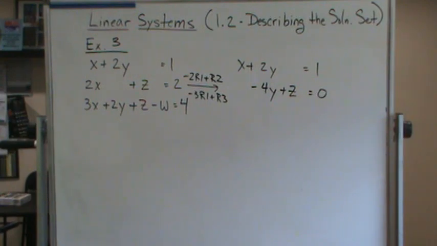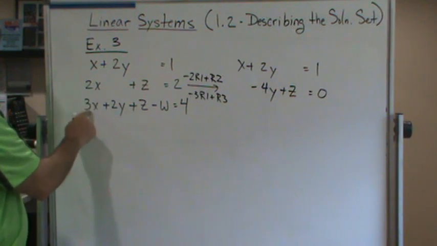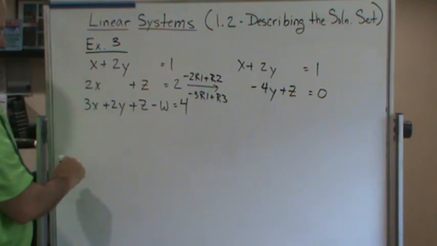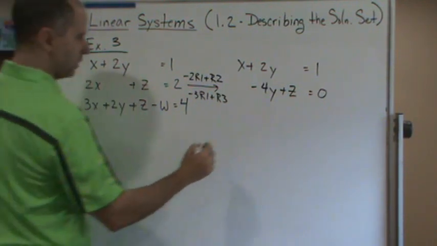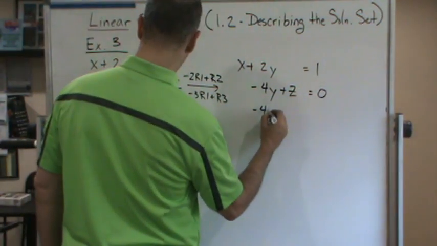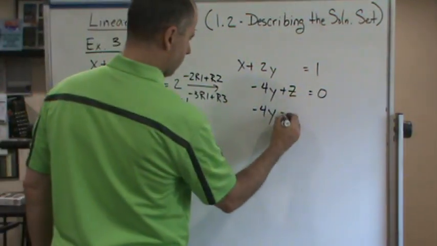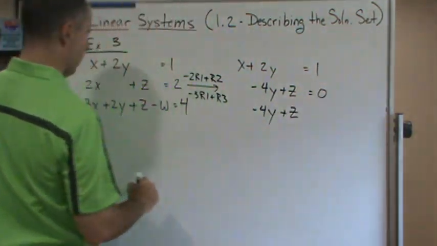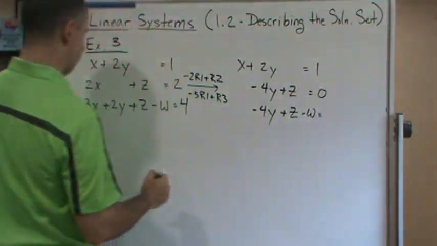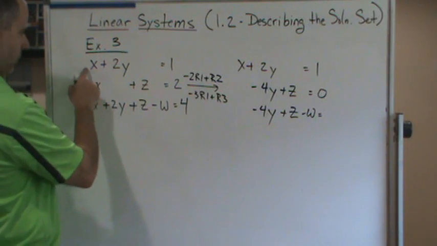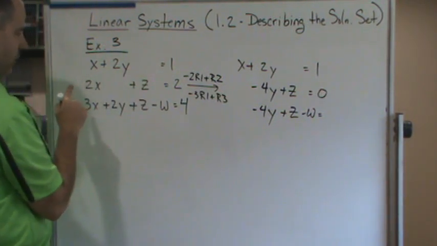And then what do we have here? The next one: this is going to go away, so -3, and -6 plus 2 is -4, so that's -4y. And this is going to stay the same, minus w. Let's just make sure I'm doing this right.